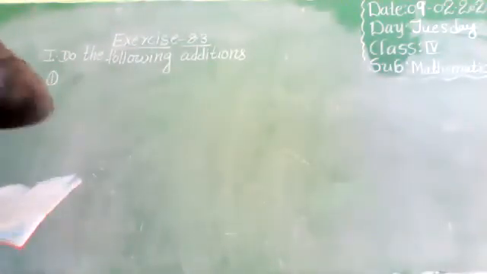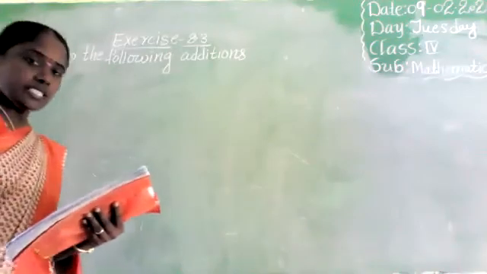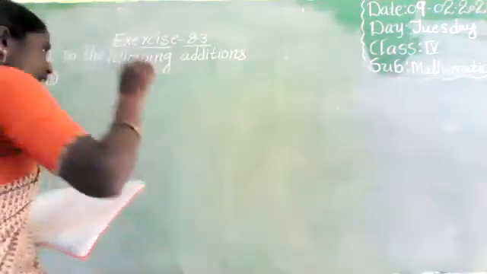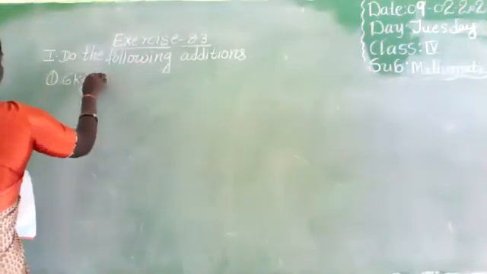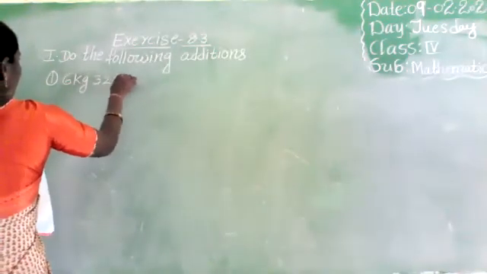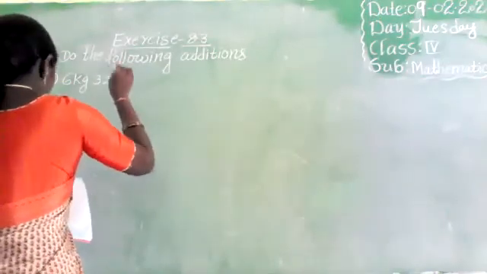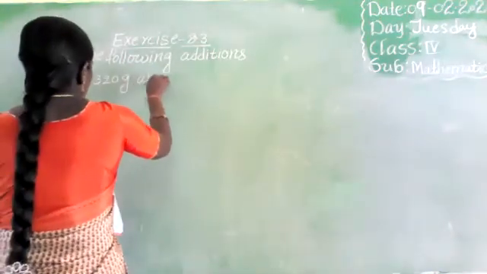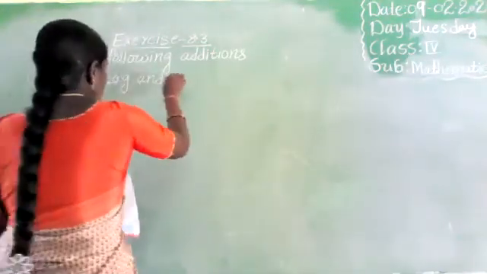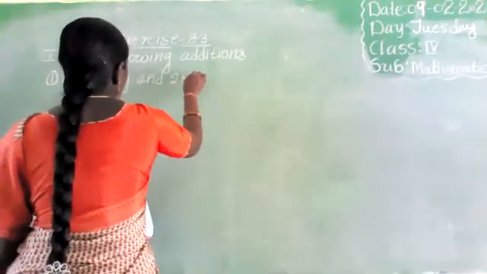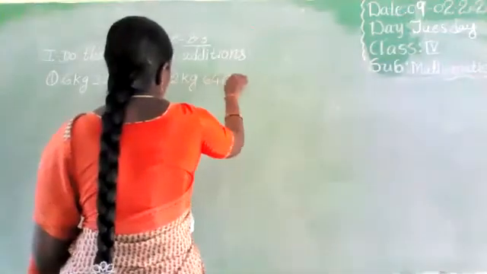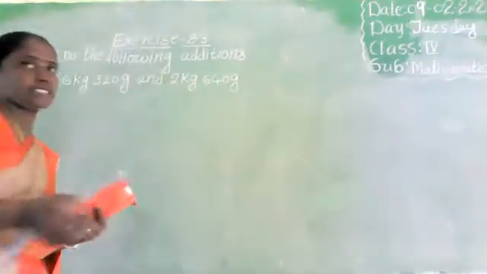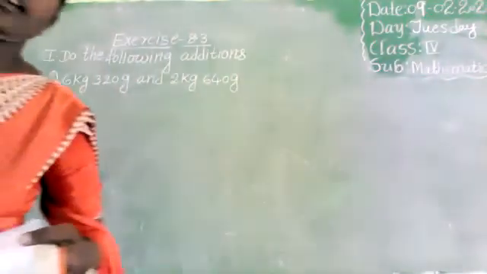First one. What is the first one? 6 kg 320 grams, and 2 kg 640 grams. Add these numbers.